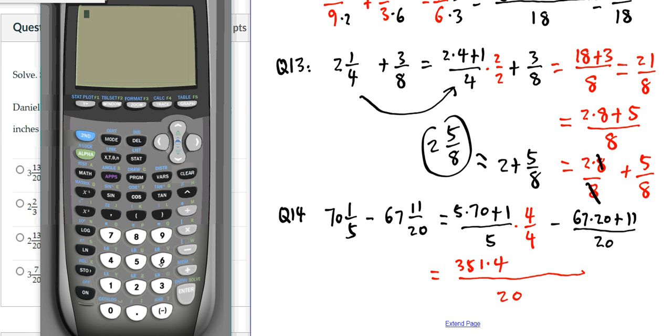So that will be 67 times 20. And do not forget plus 11. So you get 1351. Okay. And over 20.